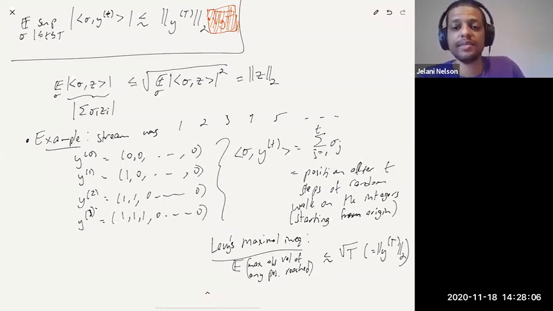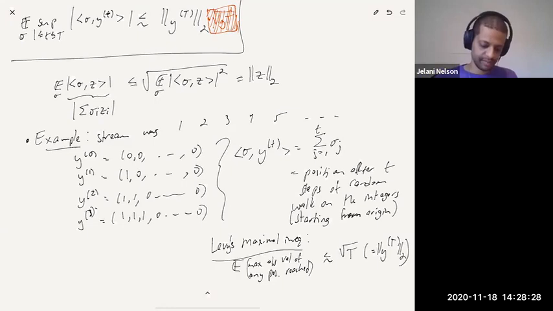What you decide to do at time t is independent of everything you did in the past. That's not true for our lemma. Our lemma says that these sigmas are only four-wise independent. So already this lemma says that Lévy's maximal inequality holds even if your increments are only four-wise independent.